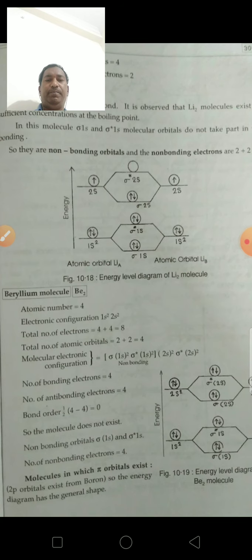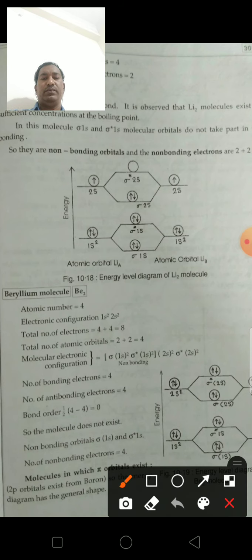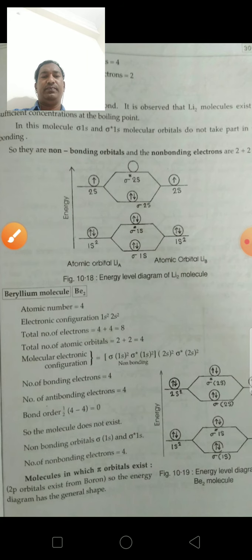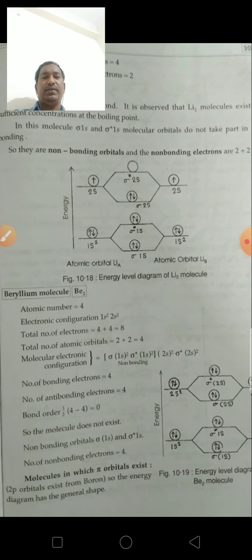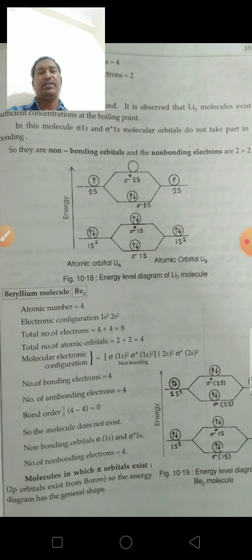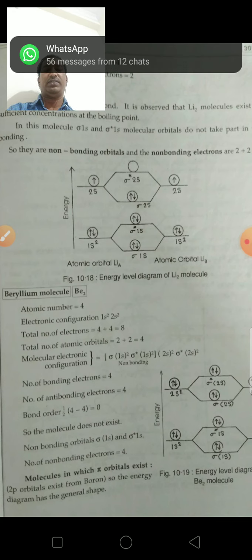See here, this is the energy level diagram of the beryllium molecule. So this is a beryllium atom, and this is also a beryllium atom. The beryllium electron configuration is 1s2, 2s2. So the 1s atomic orbitals combine to form 2 molecular orbitals, sigma 1s and sigma star 1s. The 2s atomic orbitals combine to form 2 molecular orbitals, sigma 2s and sigma star 2s.